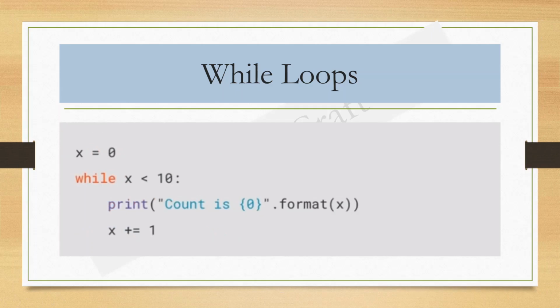Now this is what a while loop looks like in Python. One difference that you can notice from the for loop is, other than the obvious use of while, that we have to manually increment our index or x value, in this case at the end of our while loop. x is equal to x plus 1 in our case.